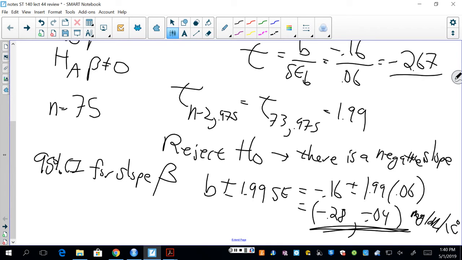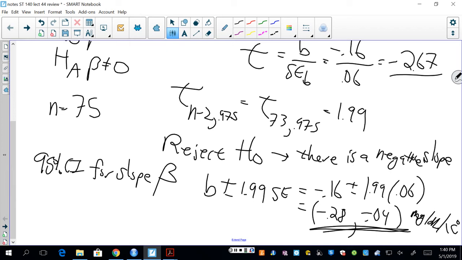That's where we think the slope is. We estimate it as negative 0.16, and probably in that range. Is it consistent with the hypothesis test? It's all below 0. It doesn't include 0, and that's consistent with rejecting 0.